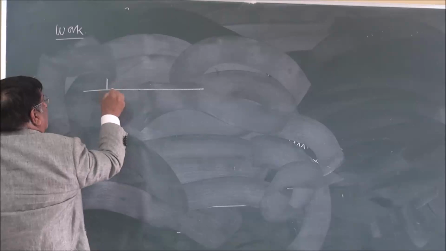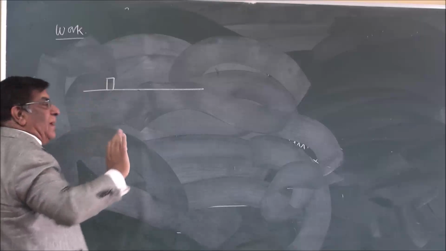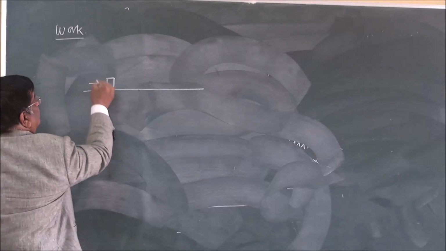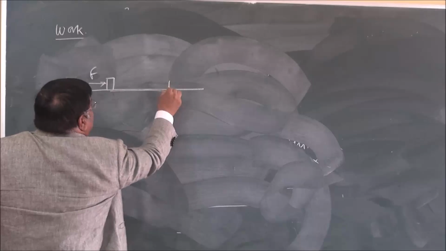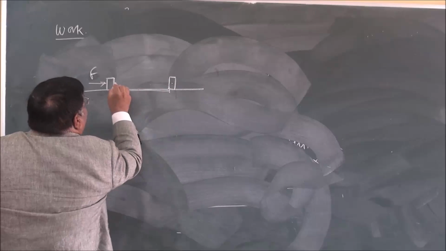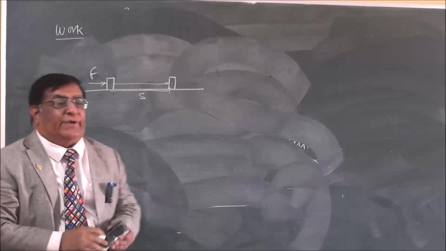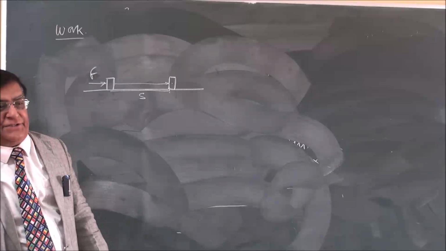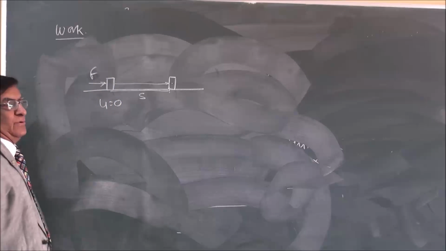Here is a body at rest. I use my muscular energy, apply the force F on it and keep pushing up to a displacement of S. That means I am giving it acceleration. When I am applying force, what am I doing? Giving it acceleration. Its initial velocity, suppose it was 0.